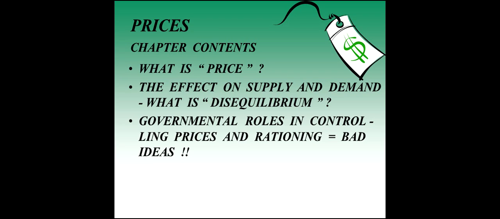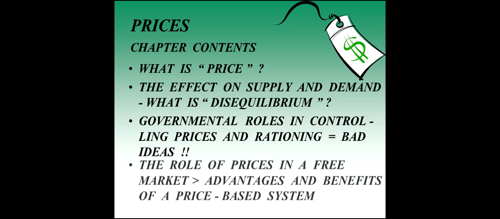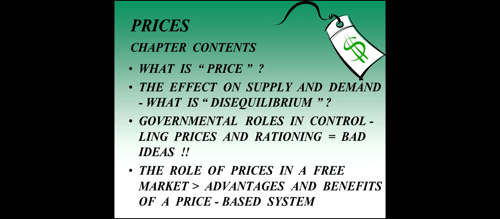Usually, with the exception of some unique situations, this winds up being a bad idea. And lastly, we'll take a look at the role of prices in a free market. We'll look at the advantages and benefits of a price-based system to an economy.